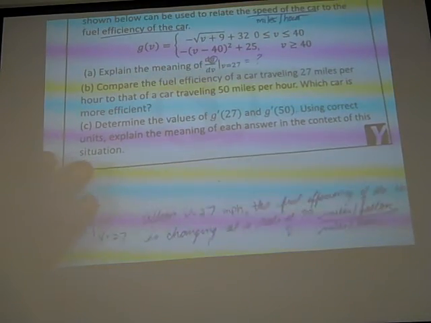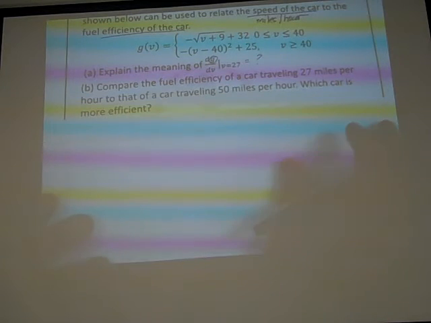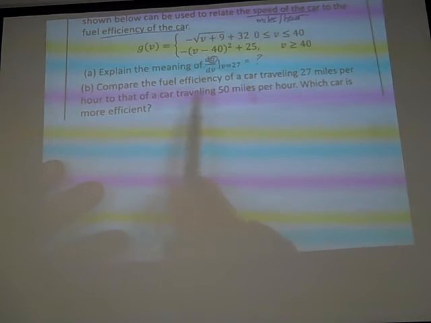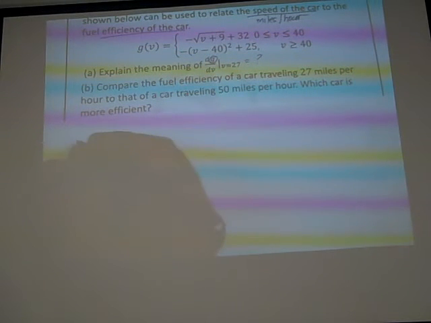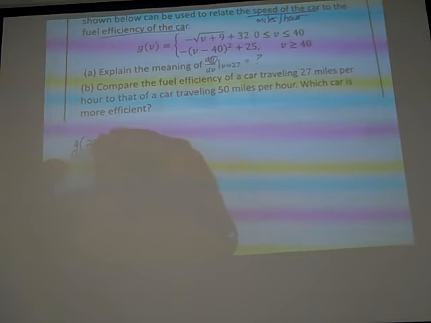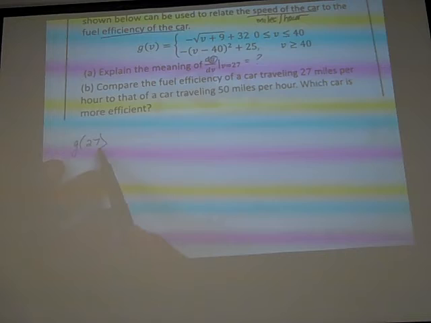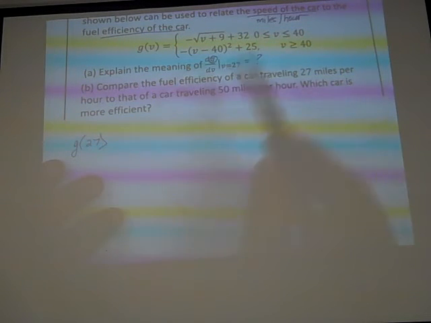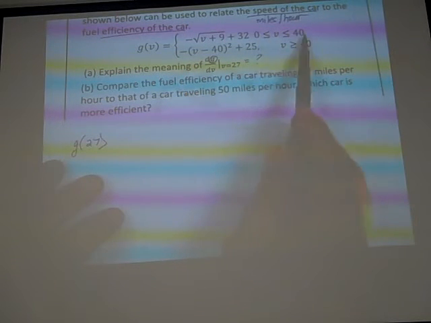In part B, we're asked to compare the fuel efficiency of a car traveling 27 miles per hour to that of a car traveling 50 miles per hour. Well, the fuel efficiency of a car traveling 27 miles per hour, if V is equal to 27, I need to figure out which piece of the piecewise function I want. The velocity is between 0 and 40.